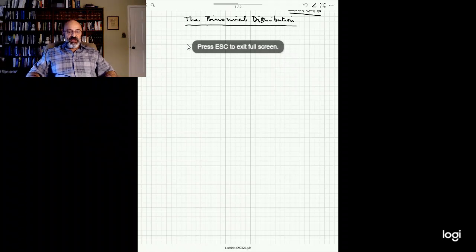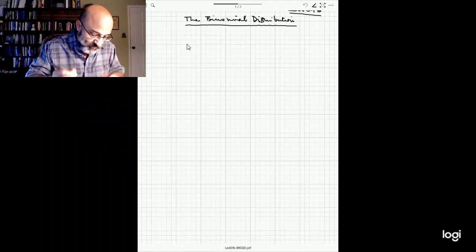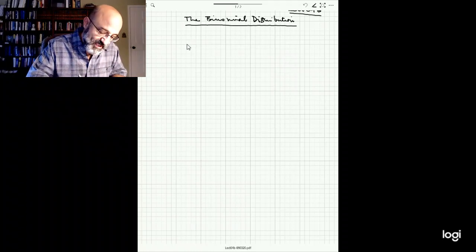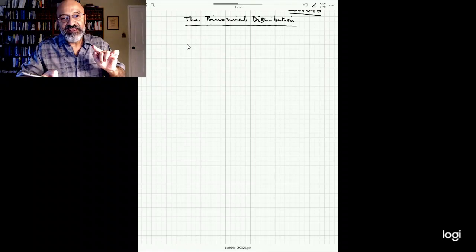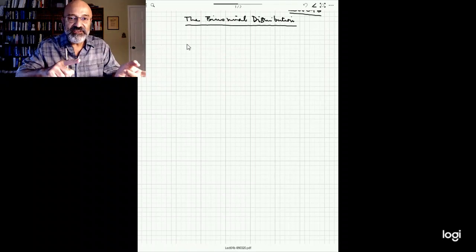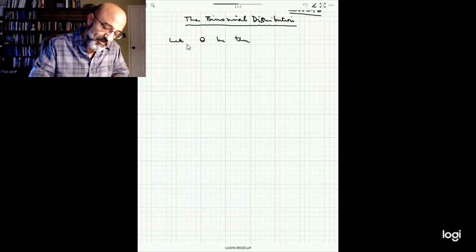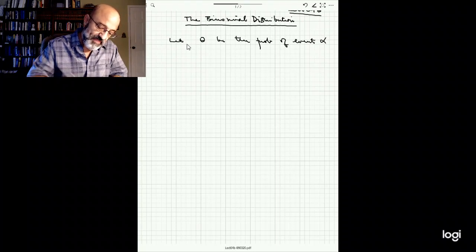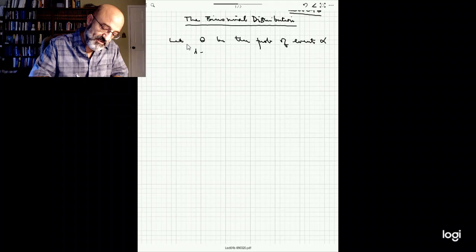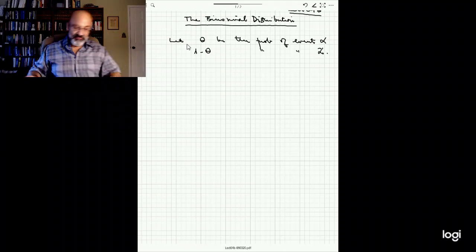Okay, very good. What we're going to consider is an event that can either happen or not happen. So let theta be the probability of an event alpha, and 1 minus theta be the probability of not alpha.